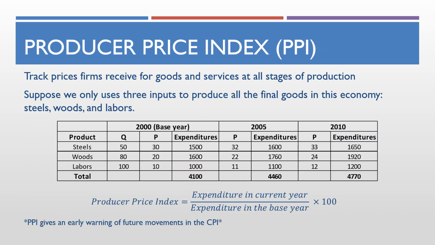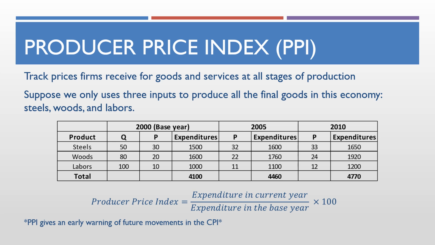Well, on the other hand, we can also measure the price level of different things, right? So instead of the consumer goods or the final goods, we can also apply the same exact methods to measure the prices of the intermediate goods or the factors in production.